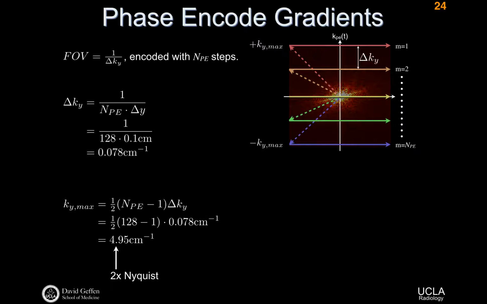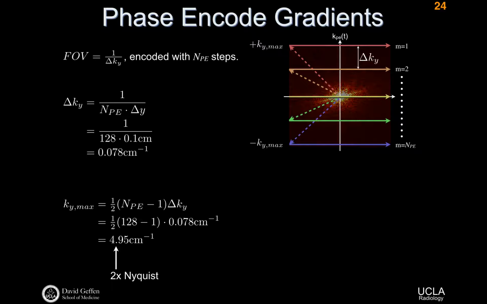Anyway, the ky max that you're going to get to is basically half the number of phase encode lines you have times the delta ky. So how far up you get here is just half of your lines, and how many steps you actually took to get out there. What you'll see in working through this is, if we say we want to acquire 128 lines, and we know what our delta ky was from having calculated from the field of view and the matrix size, you'll end up getting a ky max of something like 5 inverse centimeters.